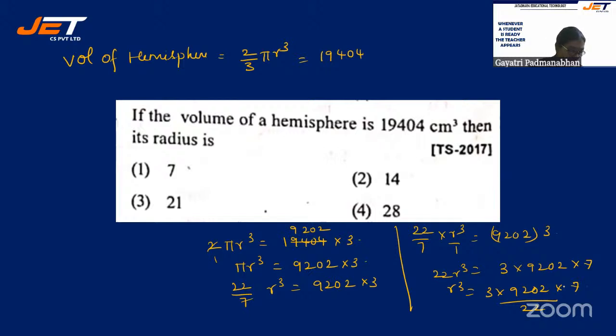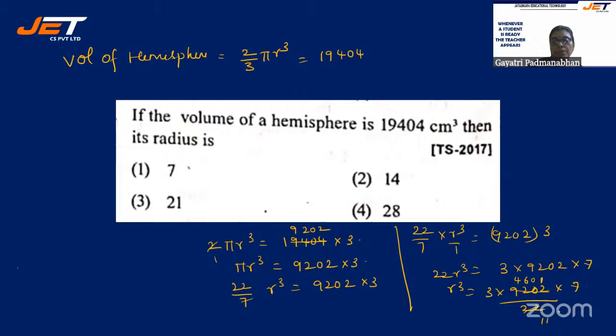Right. So actually this is very simple. When you find out the value of r, you can just cancel it. 2 11s are 22, 2 4s are 8, 2 6s are 12, 2 1s are 2.